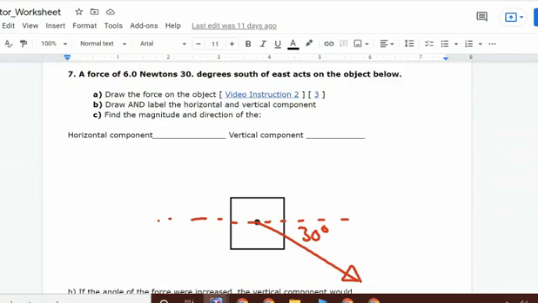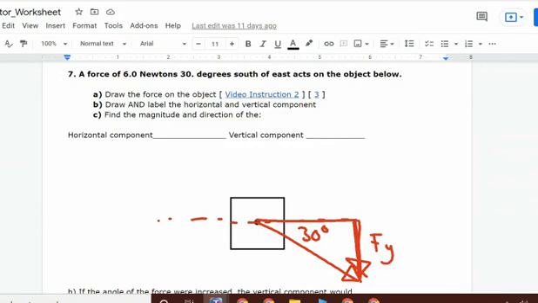Girls, which one did I tell you to draw first, the vertical or the horizontal? Vertical. We've got a force that goes south and east, so it has a vertical component because it's part south and part east. Let's do the vertical first and call it Fy.